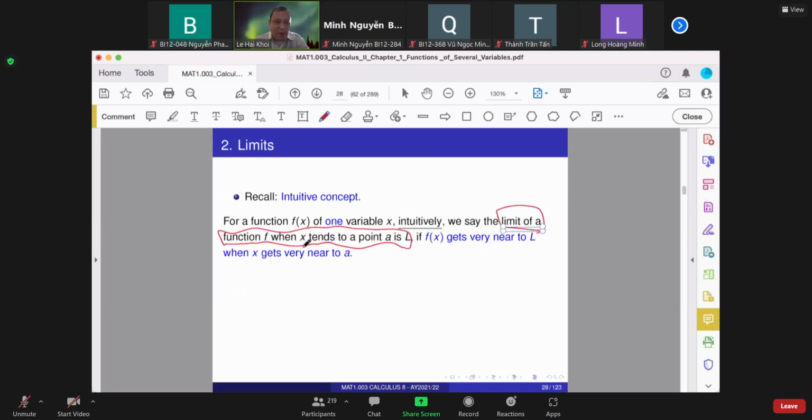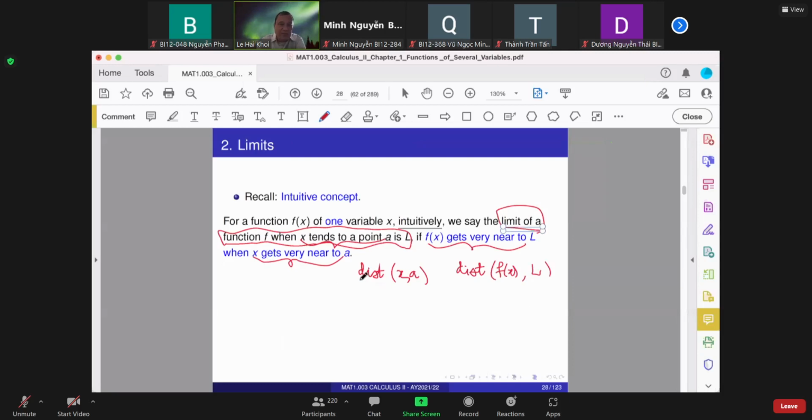X tends to a point a means that x gets very near to a. Then f tends to L means that f is very near to L. How do we understand very near? Very near means a distance between x and a, and also the distance between f(x) and L.